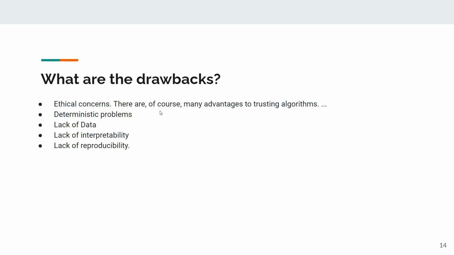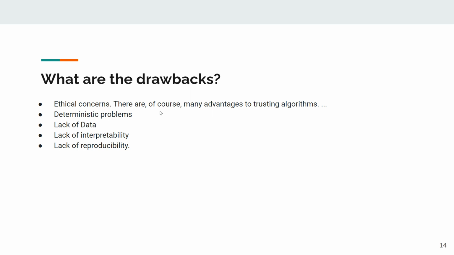With the lack of data, the machine is only as good as the algorithm and the amount of data it gets. So it's almost an ethical concern and a lack of data concern at the same time.